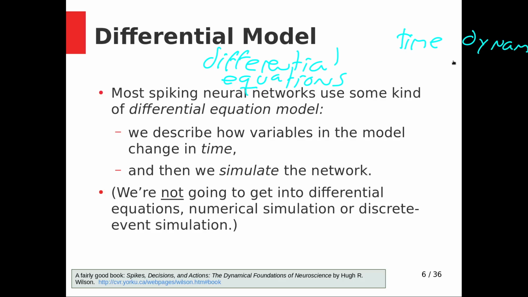And then we simulate them, okay? And this is sort of an inherently time-aware simulation. We're going to be stepping through time and updating the state of each of our neurons according to the equations that describe their time dynamics.